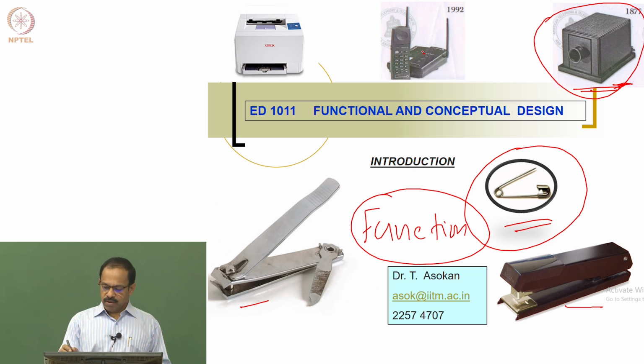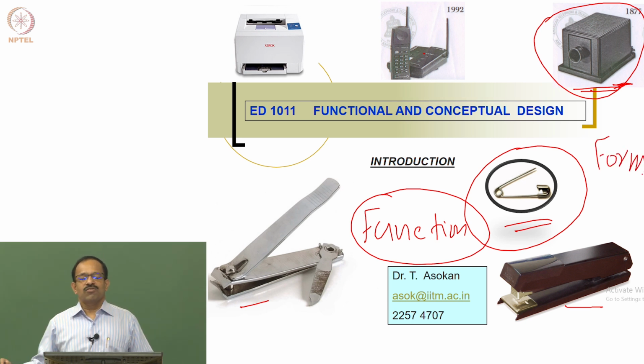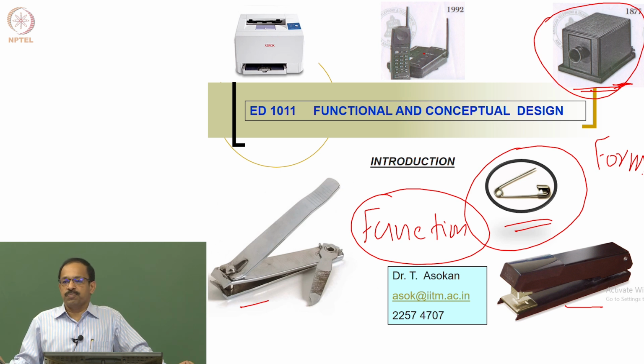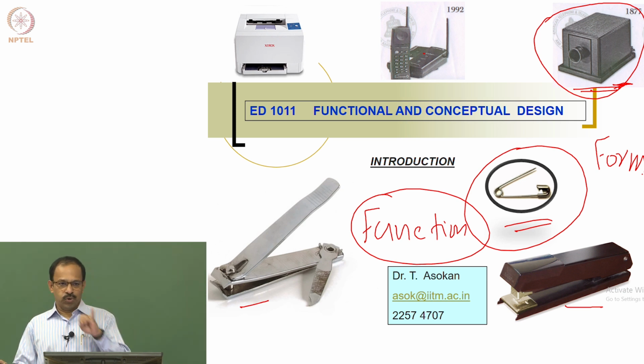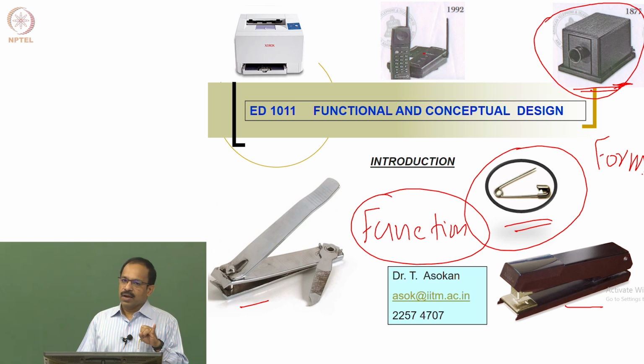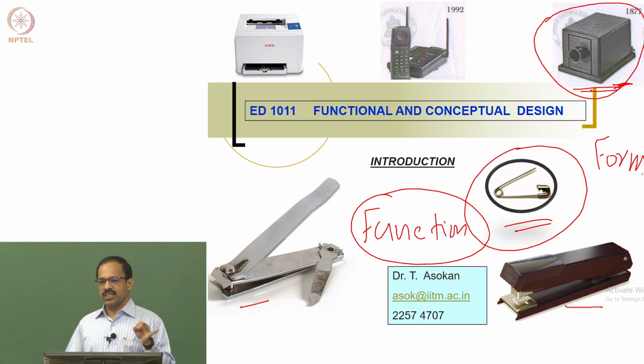So, function and form. These are the two important aspects of any product. Whatever product you design, whatever product you see in the market, these two aspects will always be the core of that particular product. That is, what it is supposed to do, and how it is able to do that, in what way it is able to do that. This is the form of the product.